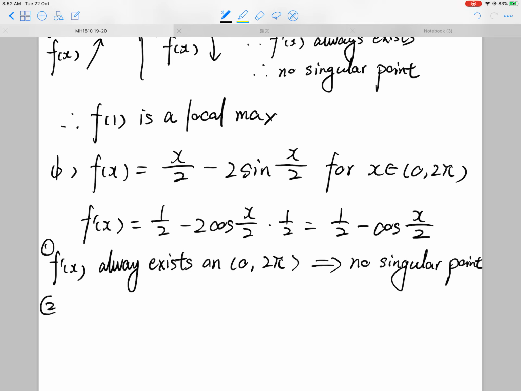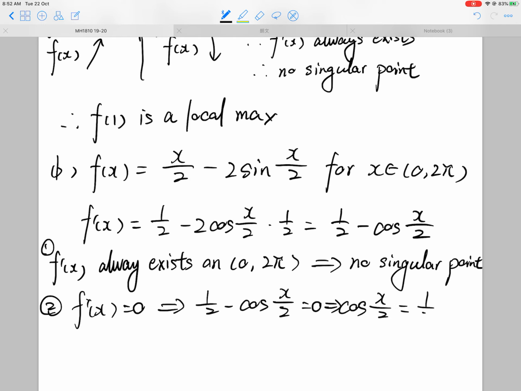Then what about the critical point? f prime x equals 0, which means half minus cosine equals 0, right? Which means your cosine equals half. Okay. Which means x over 2 is what? It's pi over 4.